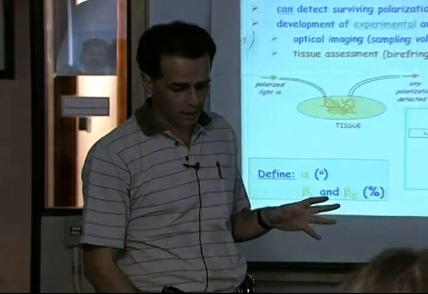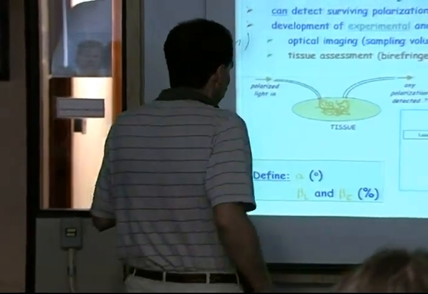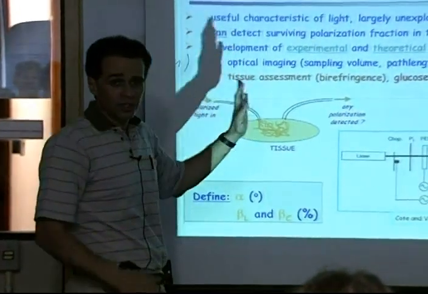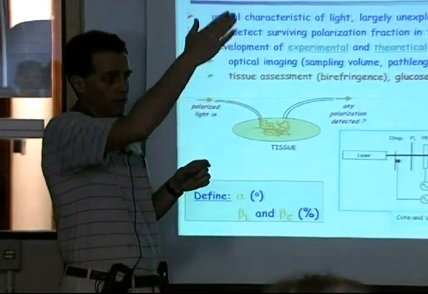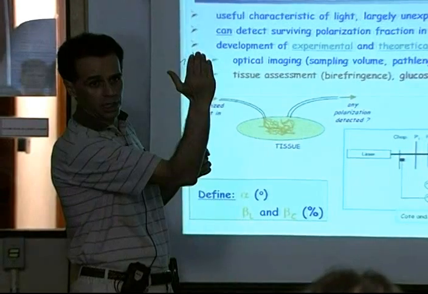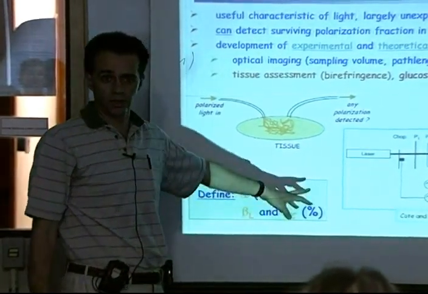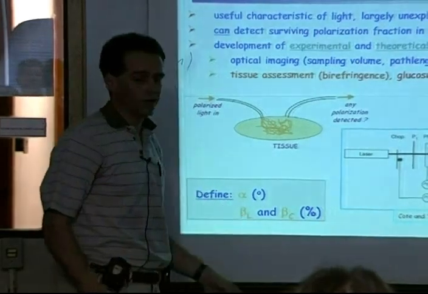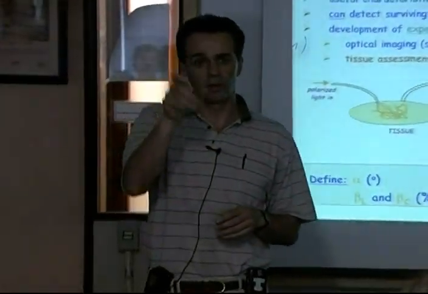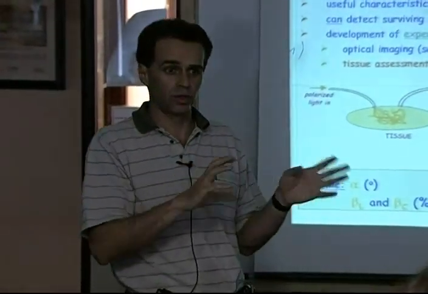So we can define and measure things like the state of the light, the optical rotation. Basically, if you come in with linearly polarized light in one plane, how much does it change? That would be quantified by the optical rotation alpha in degrees. You can also measure how much of that Stokes vector that I mentioned has linear or circular polarization.